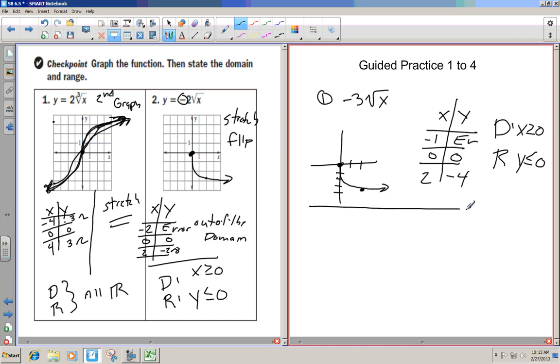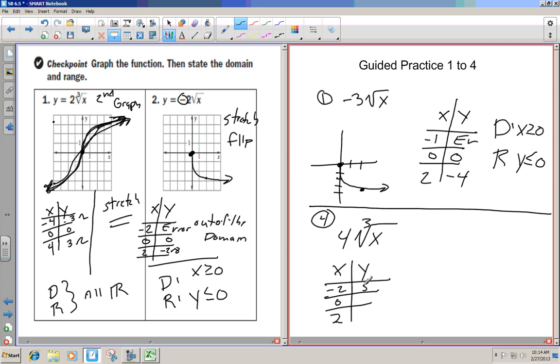Take a look at number 4. This time you've got 4 times the cube root of x. If you look at the table of values, and you put this in here, you'll see that you don't come up with any errors. There are no errors. That's because, put negative 2, 0, 2.